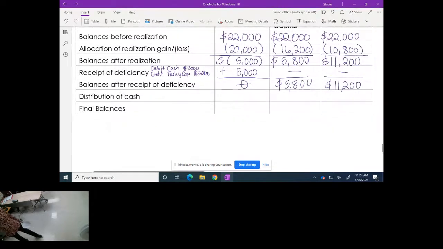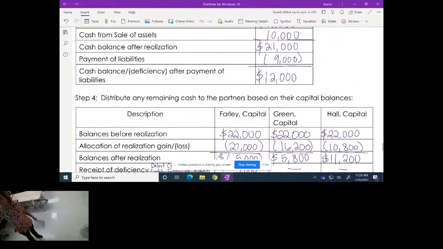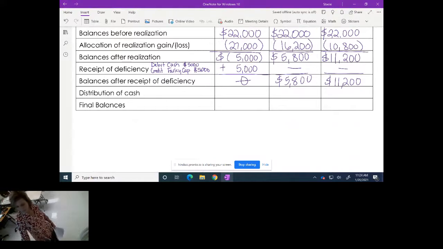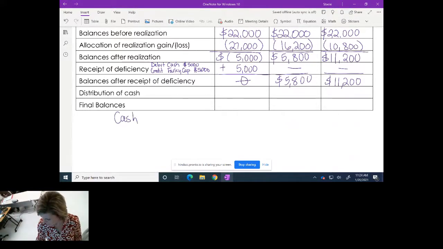Okay, so we calculated that our cash was 12,000. Well, how much is this? More than 12,000, right? So we had cash of 12,000 from the previous part, and then we have the 5,000 from that receipt of deficiency.